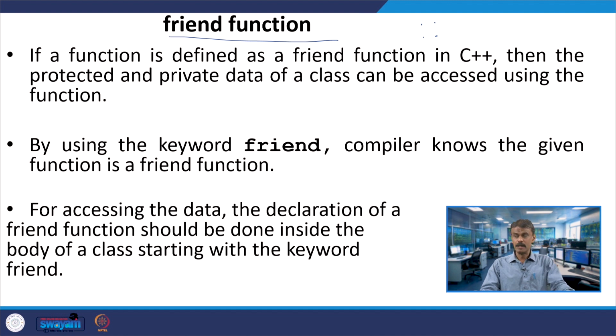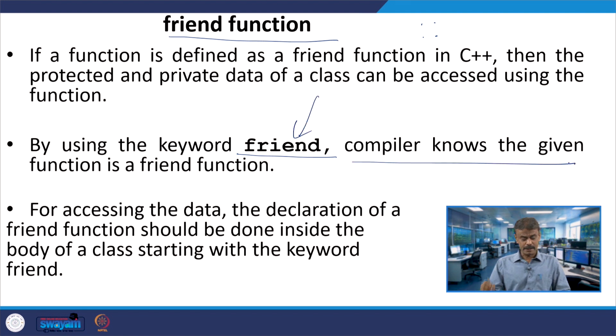So, here we use the keyword called friend. When you use the keyword friend, the compiler knows the given function is a friend function. Now suppose I want to access data, when you have the declaration of a friend function.